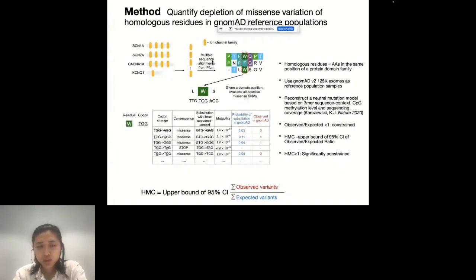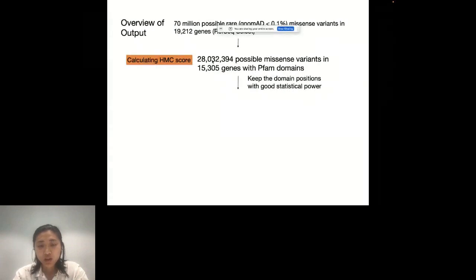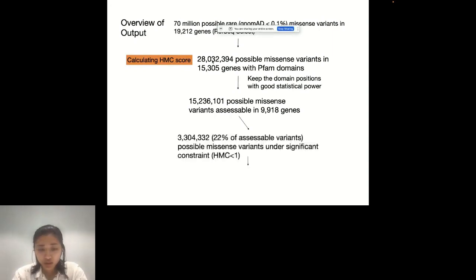Following this process, we can map 28 million out of 70 million possible rare missense variants in human genes with Pfam domains. We took a stringent approach and only keep the domain positions with good statistical power. This gives us about 15 million possible missense variants accessible in about 10,000 genes.